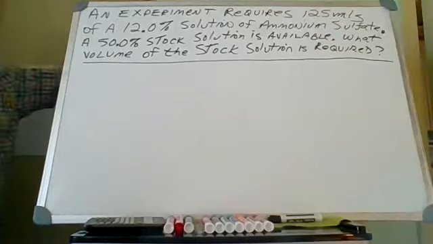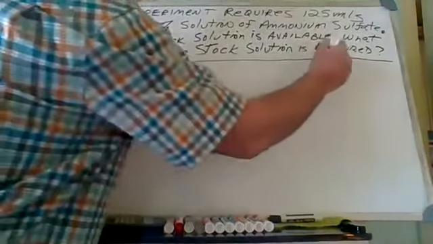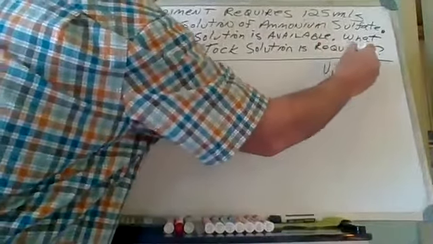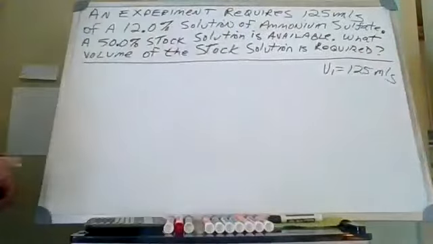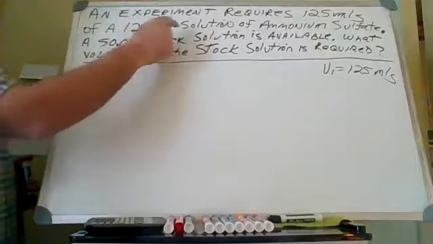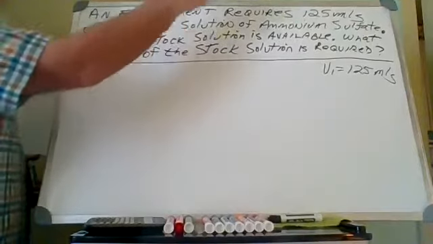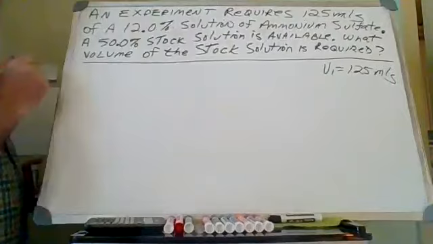Okay, so let's get started here. An experiment requires 125 milliliters. So there's my first volume: V1 equals 125 milliliters of a 12.0% solution. So it's clear that that 125 milliliters goes with this concentration.